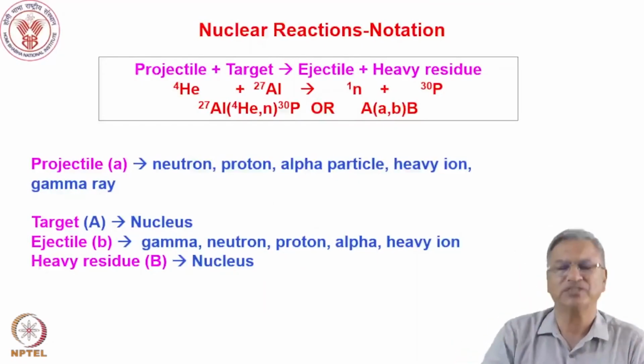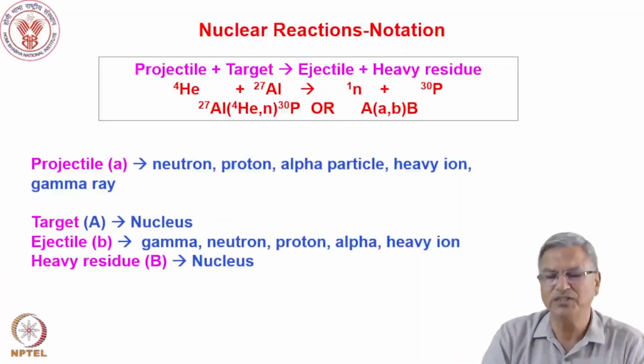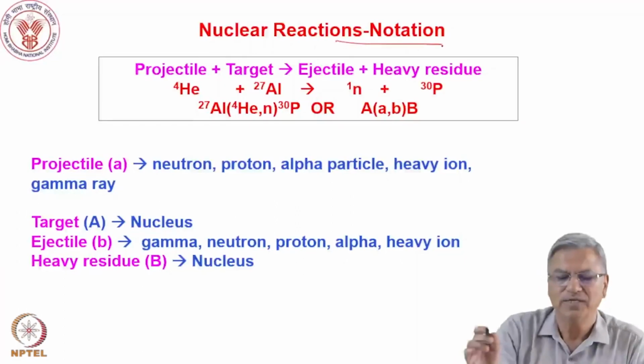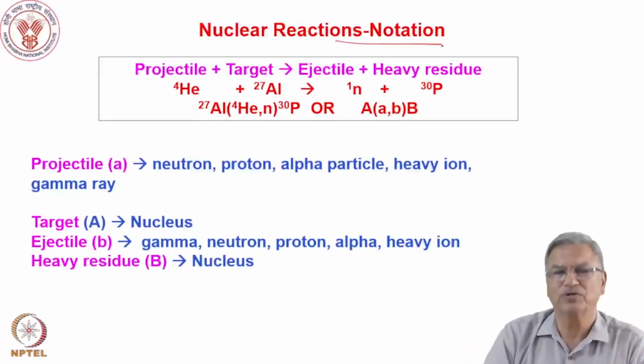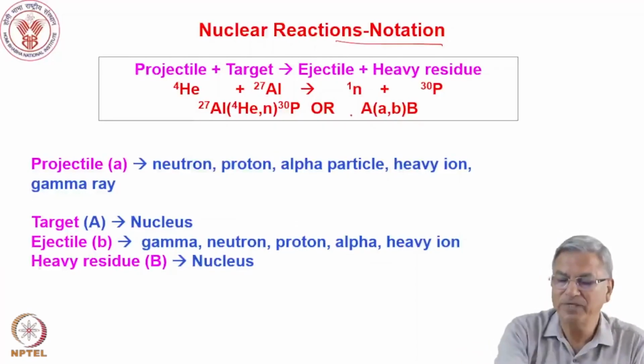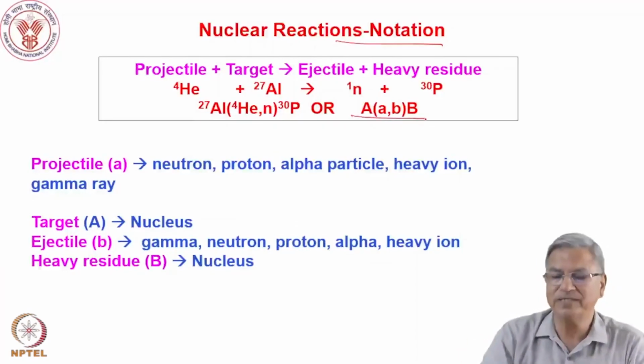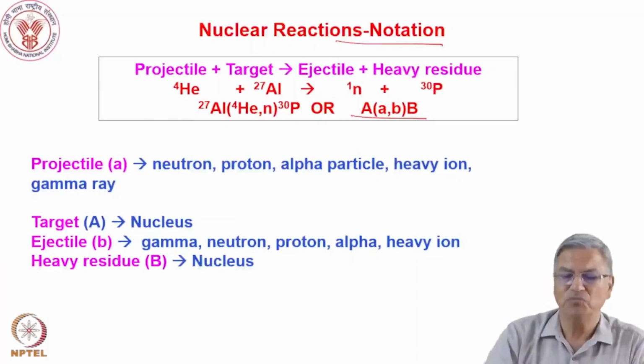For any nuclear reaction, we follow a certain nomenclature or notation. Suppose we want to write a nuclear reaction: capital A is the target, small a is the projectile, and small b and capital B are products.